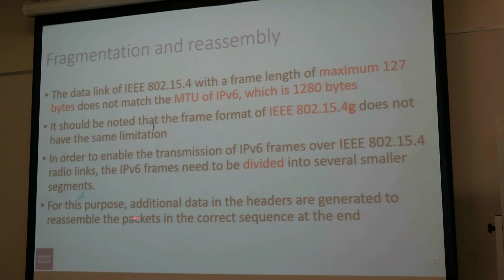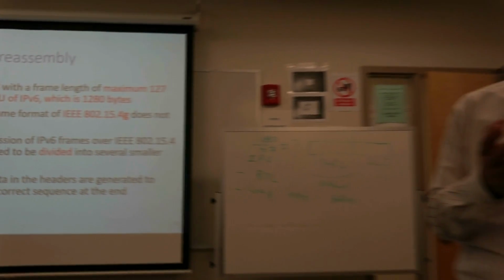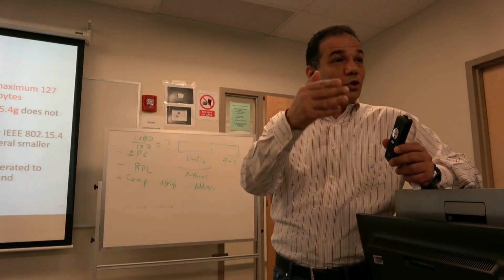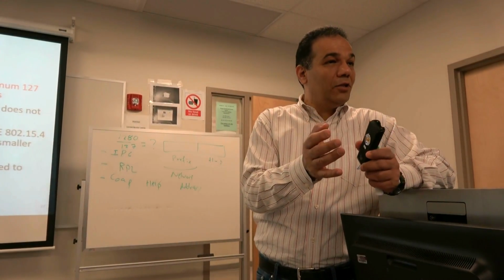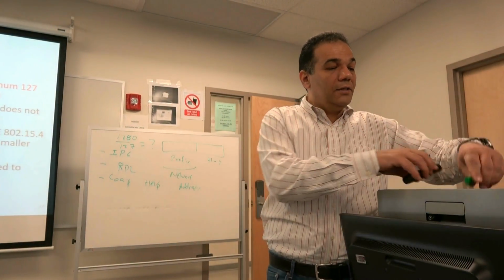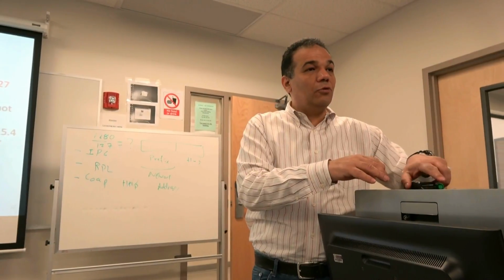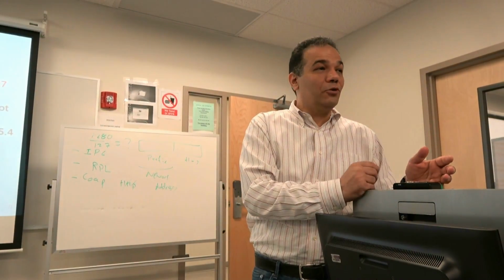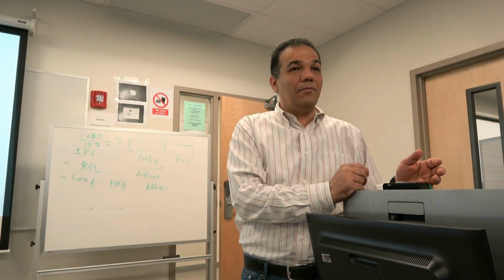For this purpose, additional data is generated in the headers to reassemble. When you do fragmentation, you have to add some information in the header for the destination to know how to reassemble it together. It's exactly like when you buy, for example, a motorcycle. If you buy a motorcycle, how do you buy it?